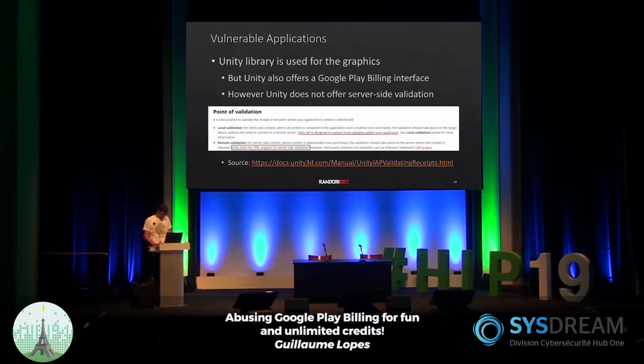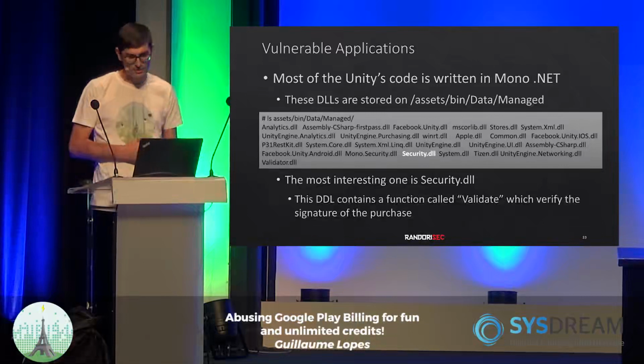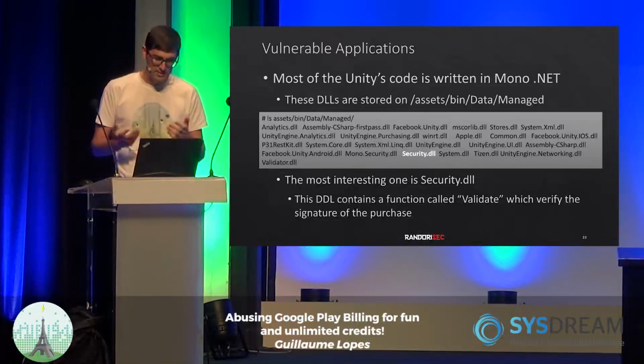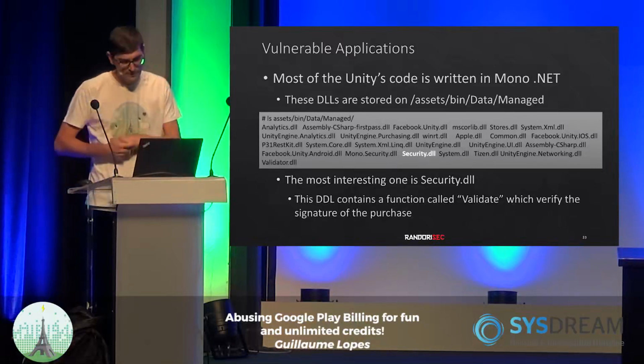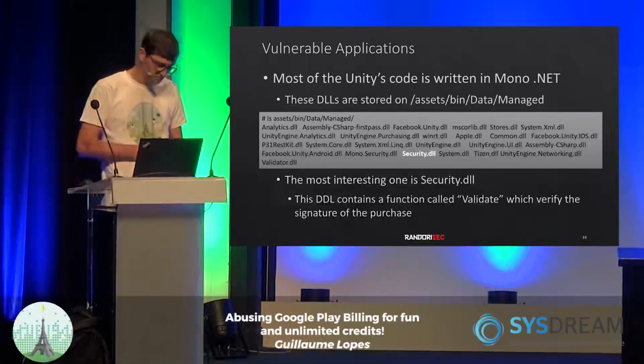So, in fact, the last versions of Unity are mostly developed in Mono .NET, and so those DLLs are embedded in the Android application. If you look in the assets directory of the Android application, at some point in the managed subdirectory, you find a lot of DLLs and one interesting one called security.dll.